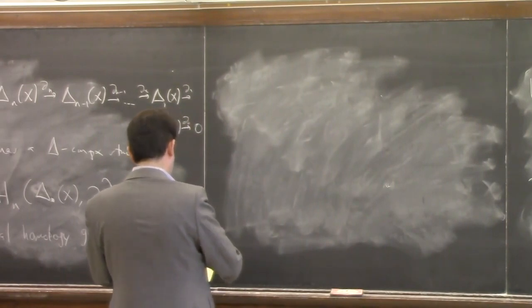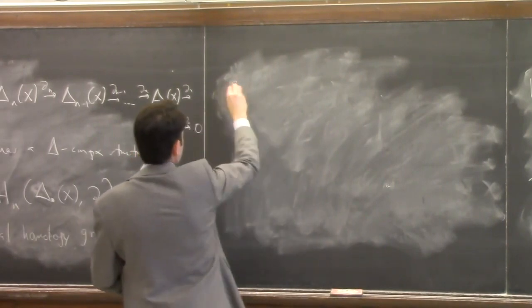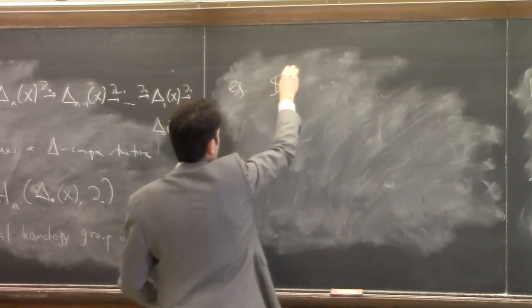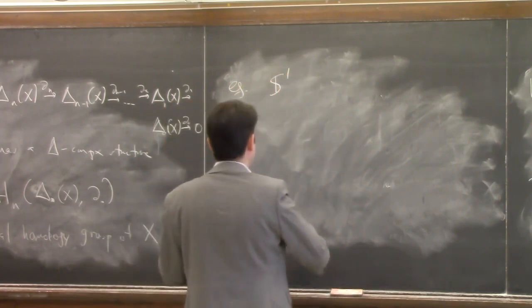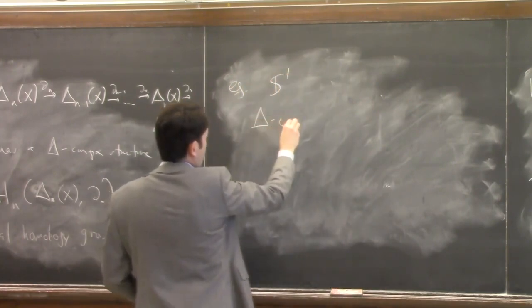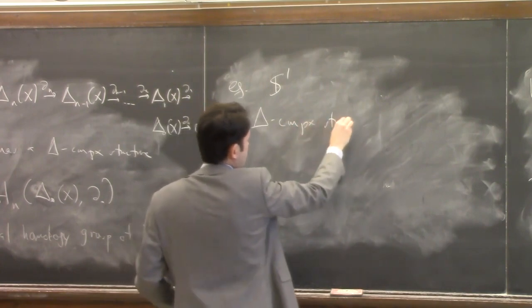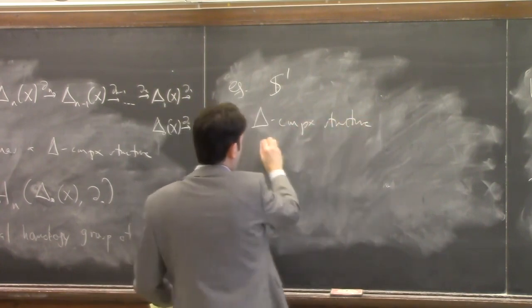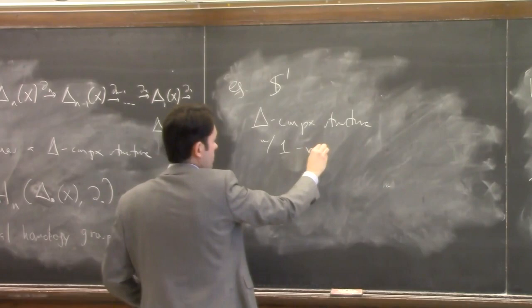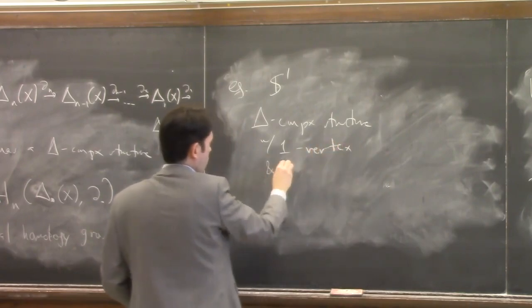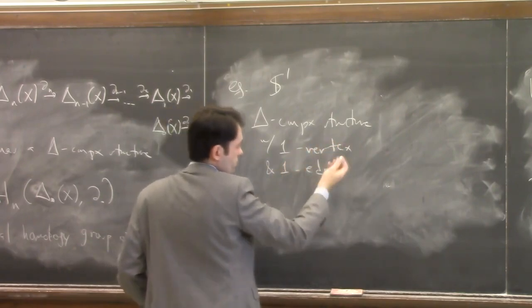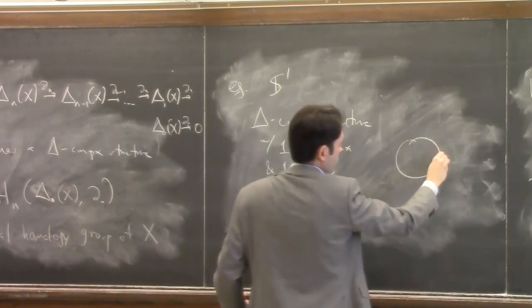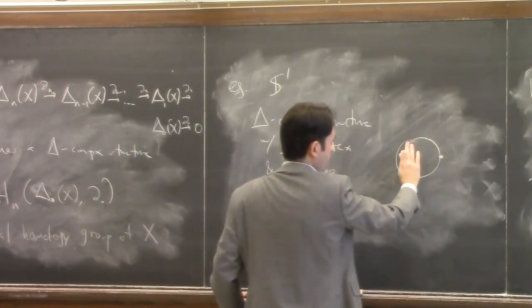So let's do a couple of easy examples. Let's do S1. Put a delta complex structure with 1 vertex and 1 edge. So let's pick a vertex and then there's your edge.